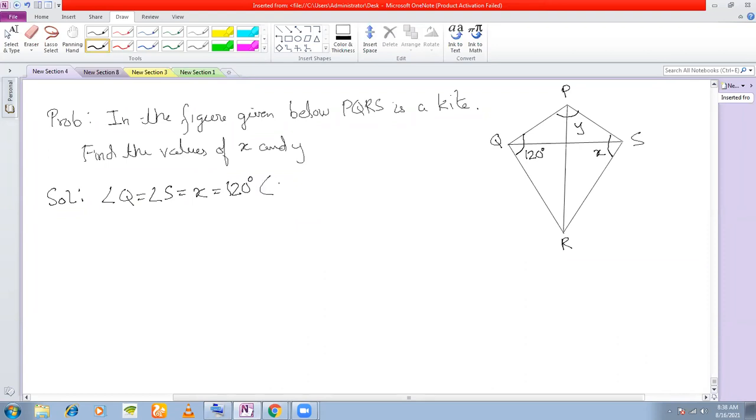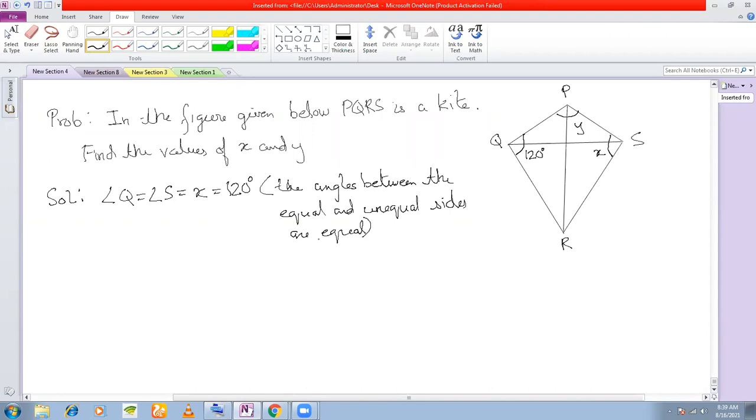Because the angles between the equal and unequal sides are equal. Okay, so we have found out x.